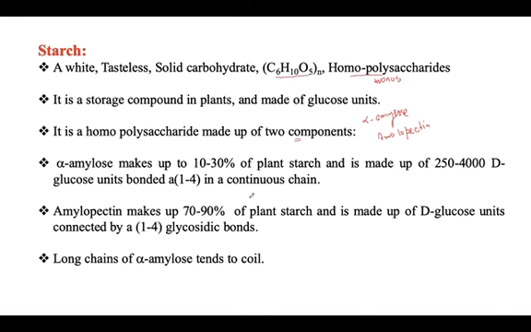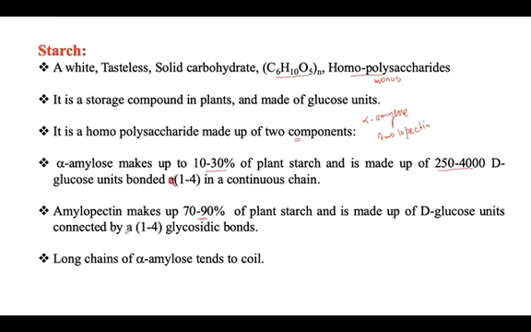Amylose forms around 10 to 30% of plant starch and is made up of 250 to 4000 D-glucose units linked through alpha 1,4 linkages. And then amylopectin makes around 70 to 90% of plant starch and is made up of D-glucose units.